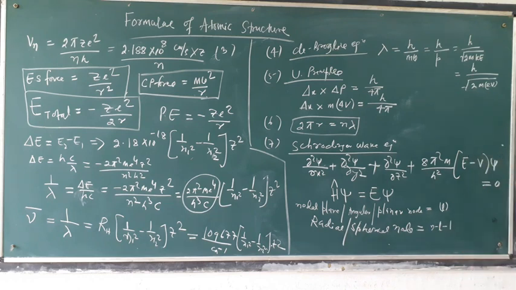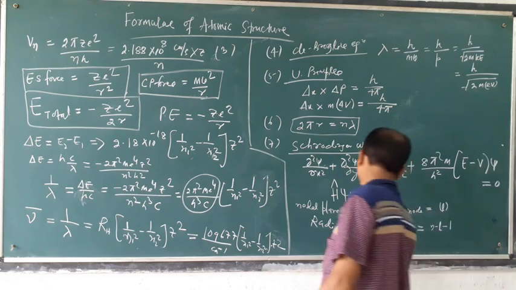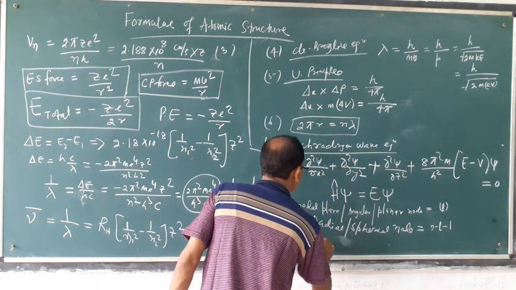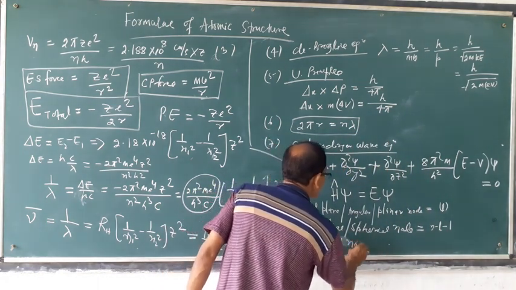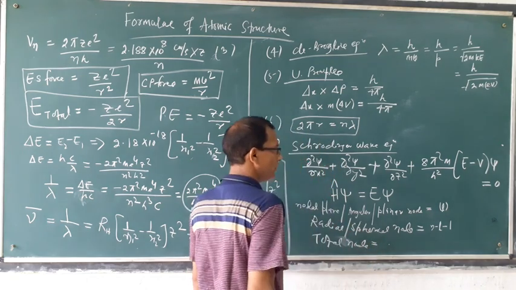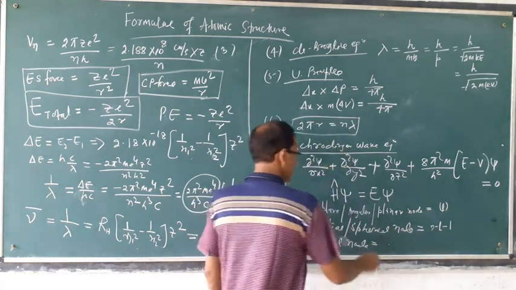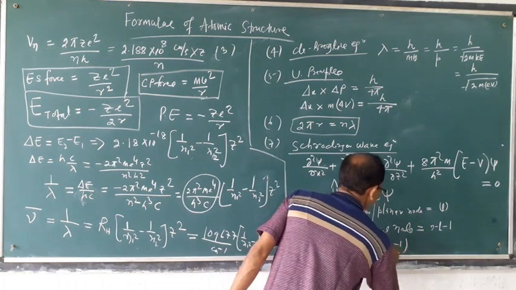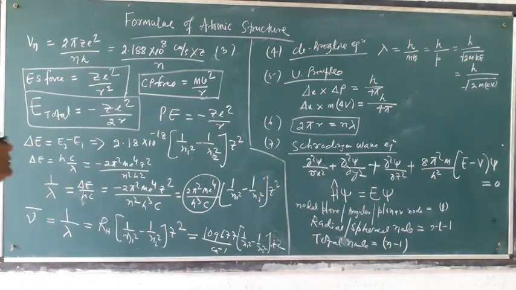Then total node, if you add it, will be n minus 1.